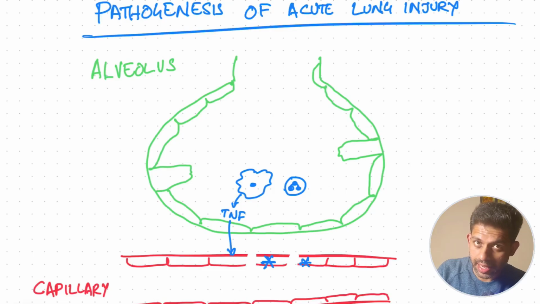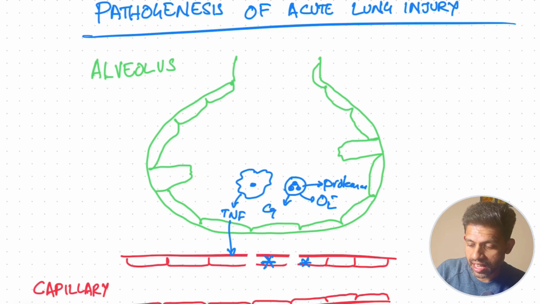Once the neutrophils enter the alveolus, they produce proteases, reactive oxygen species, and cytokines. This produces a self-amplifying inflammatory loop which eventually destroys more and more of alveolar epithelial cells.